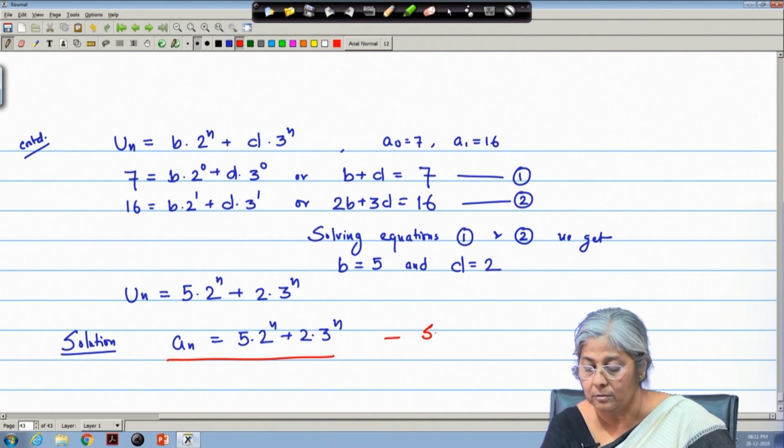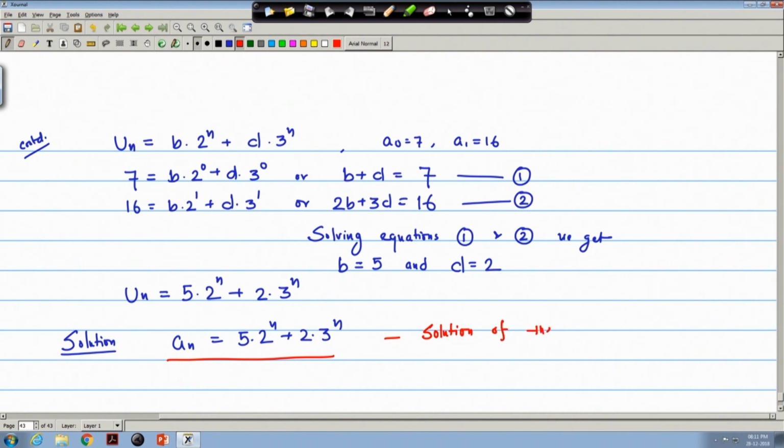So, this is my solution of the recurrence relation.